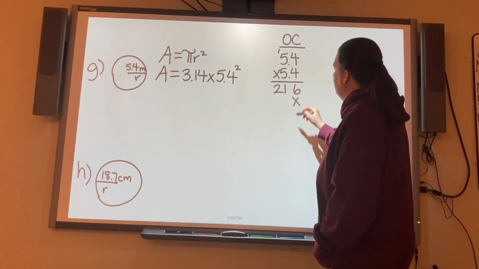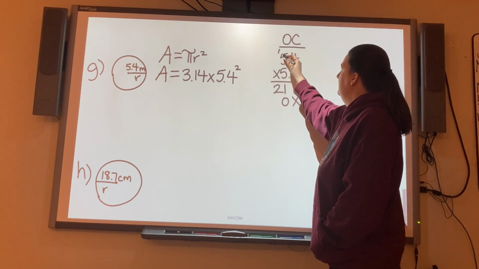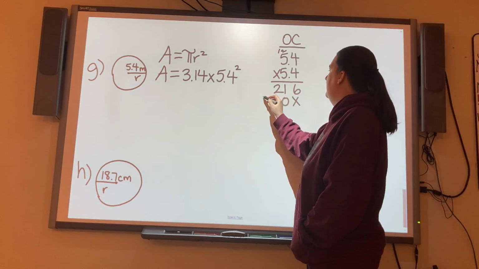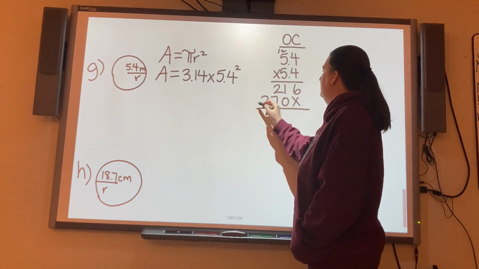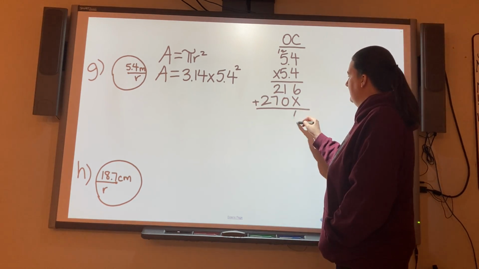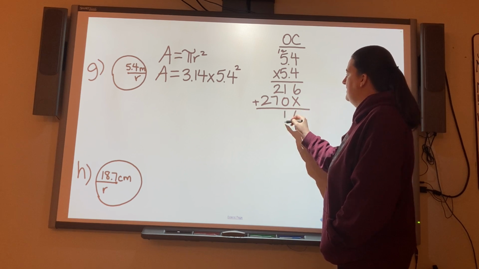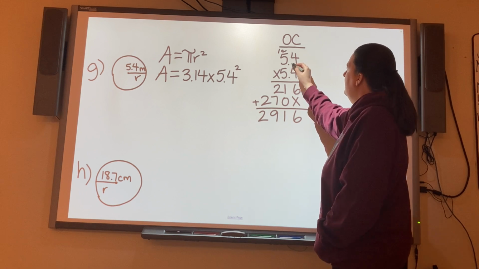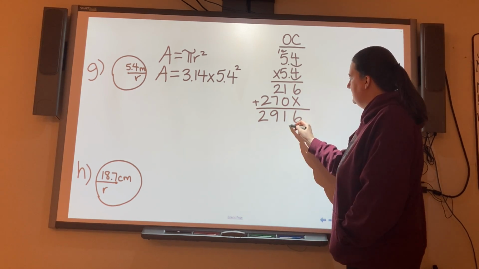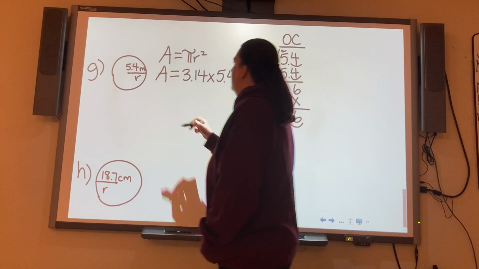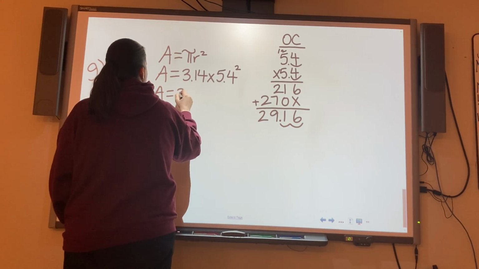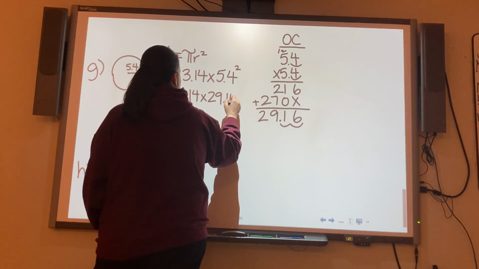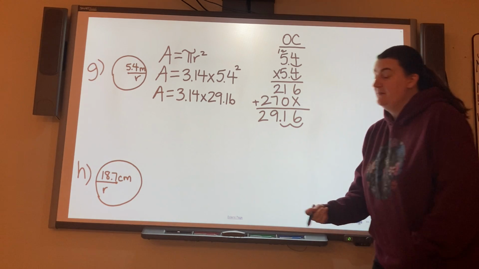Put your x. 5 times 4 again is 20, carry your 2. 5 times 5 is 25, plus the 2 that you carried is 27. 6 plus nothing is 6. 1 plus nothing is 1. 2 plus 7 is 9, and 2 plus nothing is 2. 1, 2 decimal spots. So area equals 3.14 times 29.16.